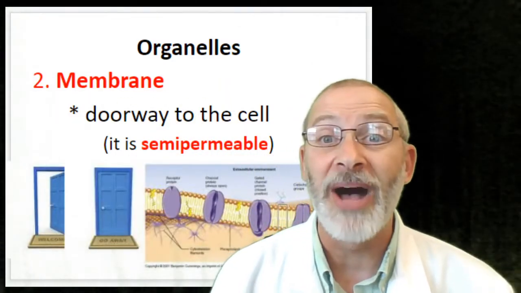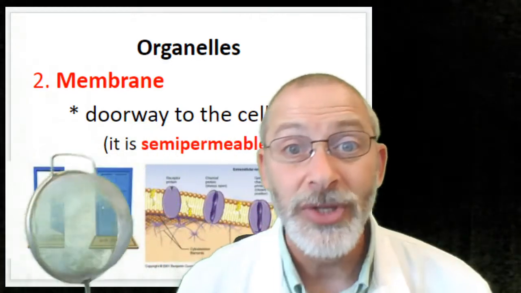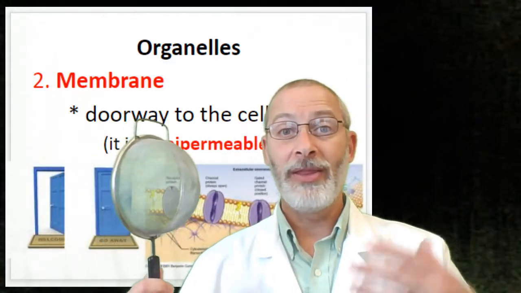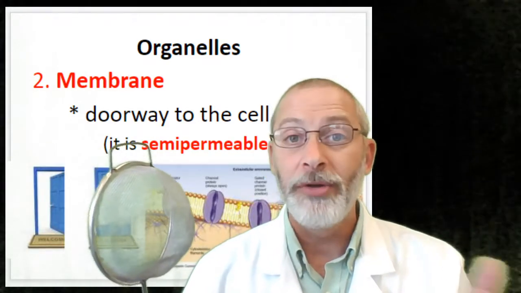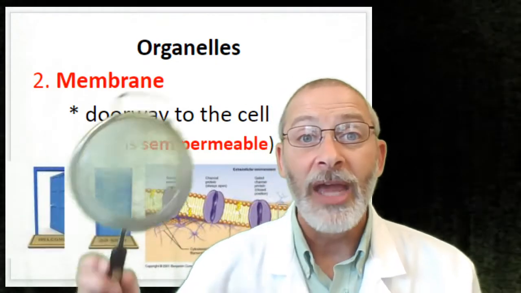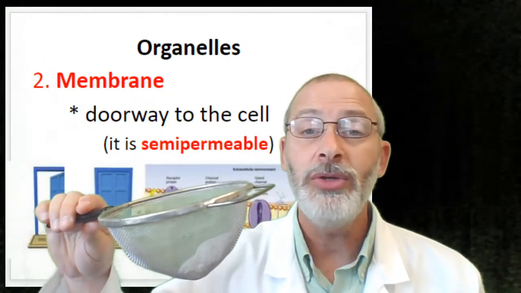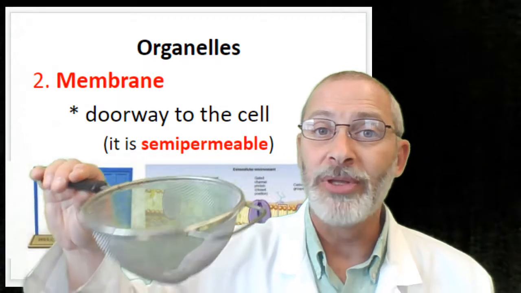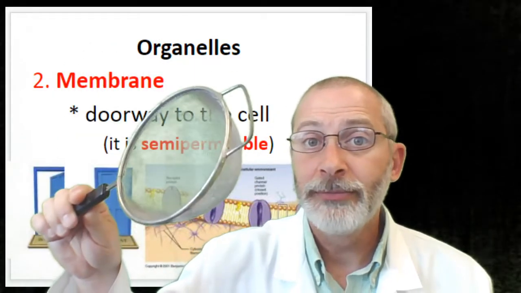But if you've ever made pasta, for instance, or boiled vegetables, you know that when the pasta or the veggies are all cooked, you separate out the water from the pasta or the peas. And you can use a strainer like this because, well, you tell me, what happens when you use a strainer? Can anyone tell me?